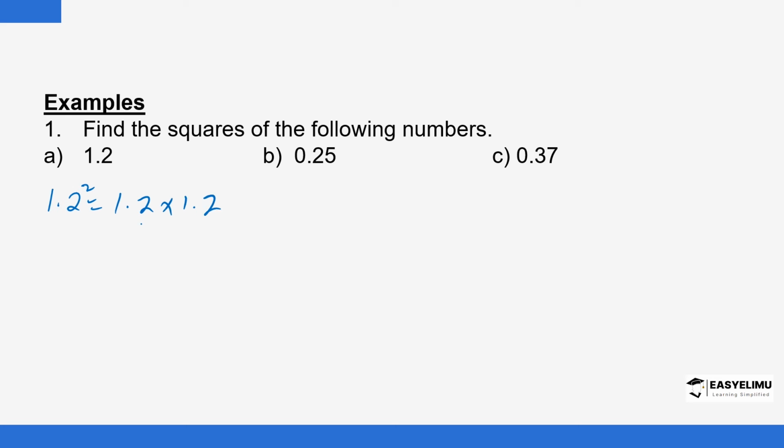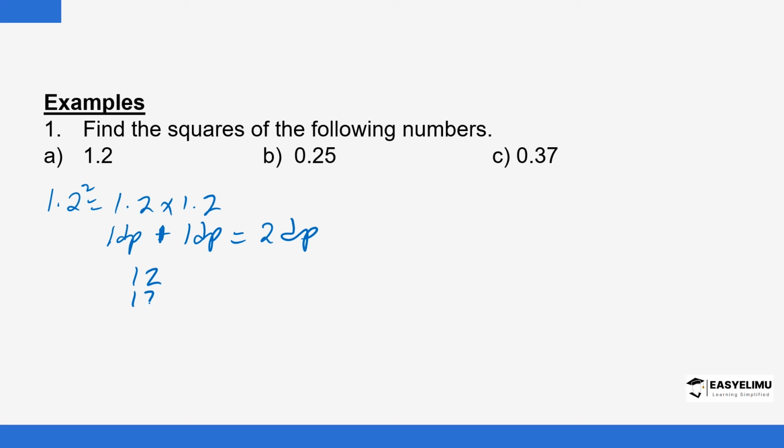Just like we talked about when we were discussing multiplication of decimal numbers, you need to count the number of decimal places here and add to the number of decimal places here. One decimal place plus one decimal place is two decimal places. So our answer is going to have two decimal places. Just multiply 12 by 12 and then make sure that it has two decimal places.